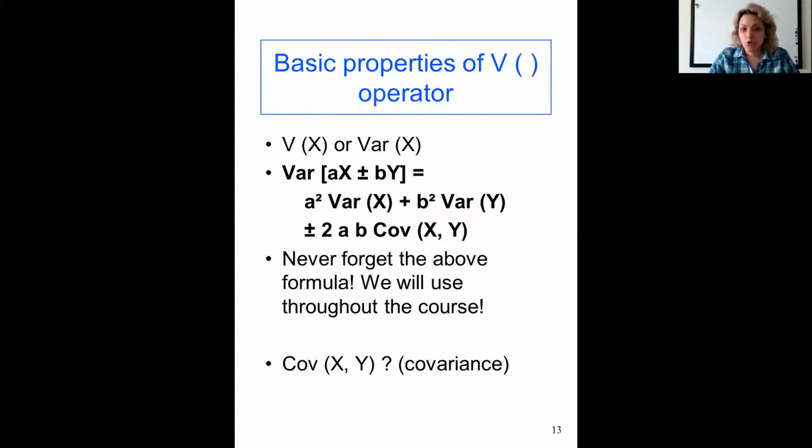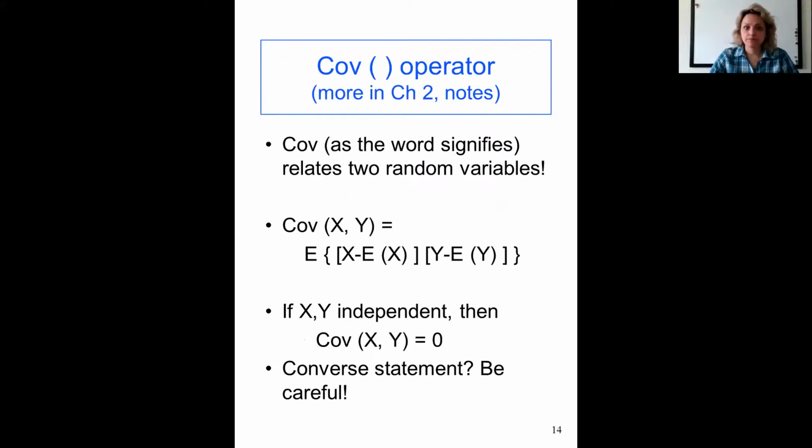So what is the covariance of X and Y? We are going to work on this more in chapter 2, and we'll go through it there. But let's say covariance relates to random variables, to the variance of variable X and variance of variable Y, or X1, X2, or Y1; those are just symbols, the names.